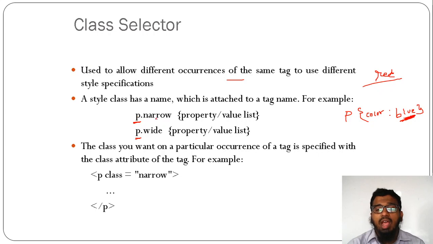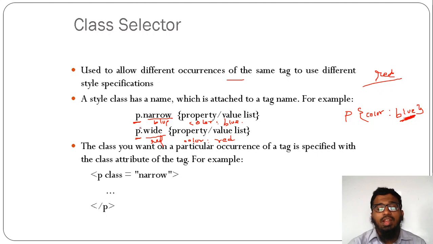For that reason, we use the same tag with different classes, like p.narrow and p.wide. Here the example is narrow and wide, each with its own properties and values. Take the example of blue and red: p.red, where you give the value color red, and p.blue, where color is blue.